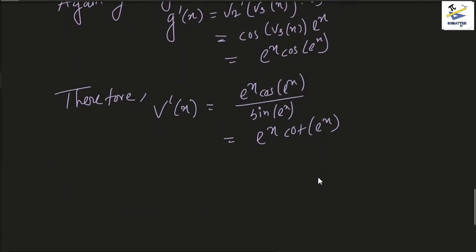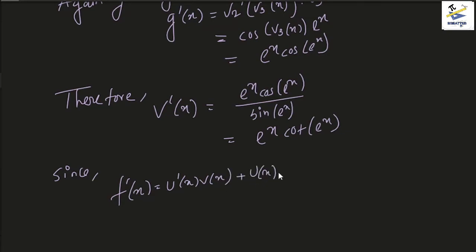Therefore, since f dash x is just equal to u prime x into v of x plus u of x into v prime x, we can see it is equal to 5 e to the power 5x into e to the power x cot of e to the power x plus e to the power 5x.